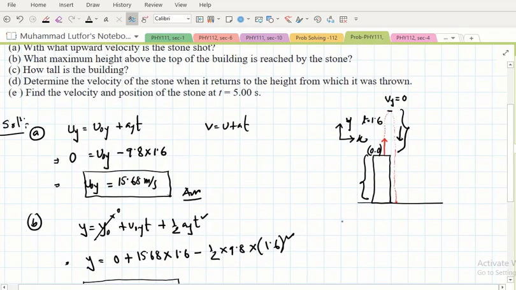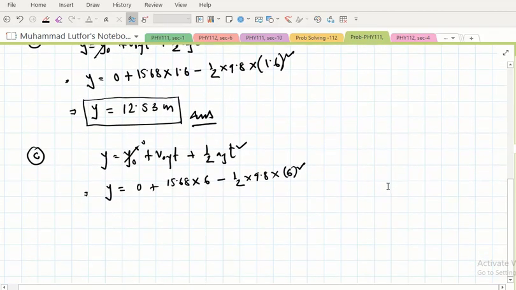Because it takes 6 seconds to come from here to the bottom of the tower. Then you will find this y would be negative 82.32 meter. So this would be the height of this building.